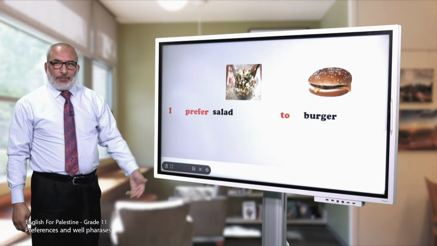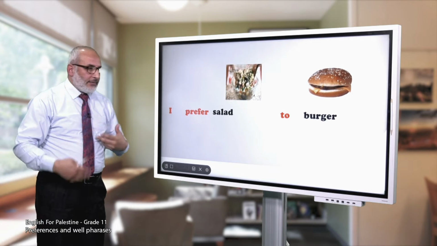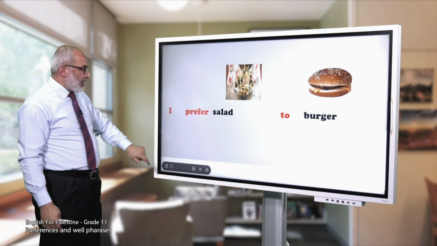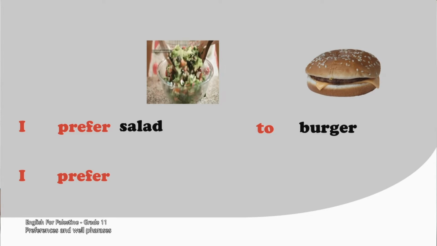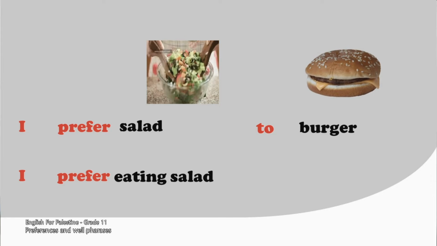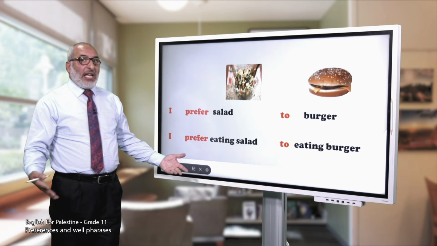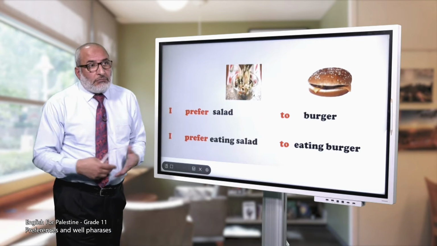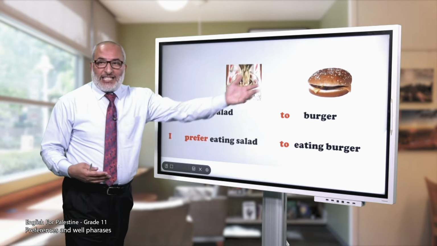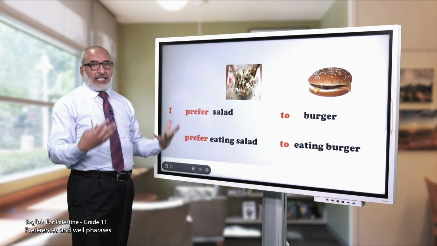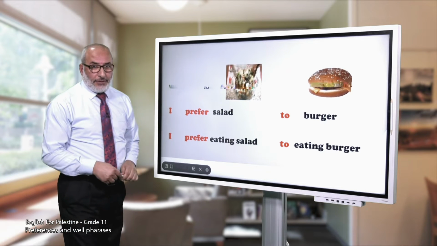I prefer salad to burger. I like salad more than burger. Or I can use the second structure, prefer, with the ing form. I prefer eating salad to eating burger. You can give other examples. You may say, I prefer healthy food to fast food, because salad is an example of healthy food and burger is an example of fast food.